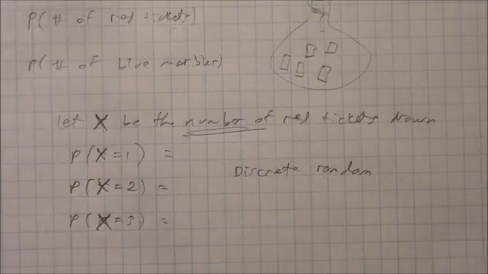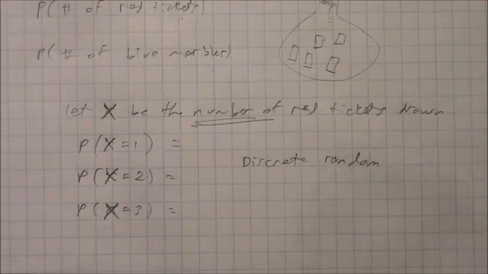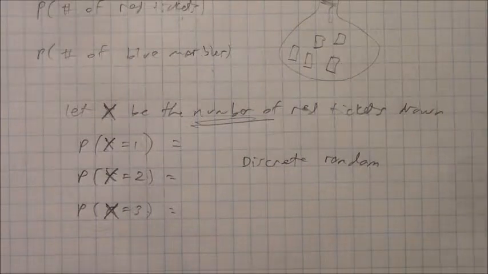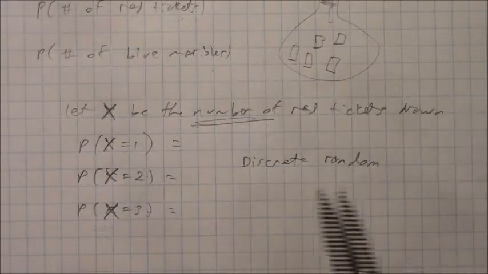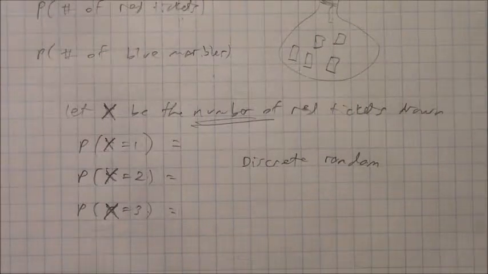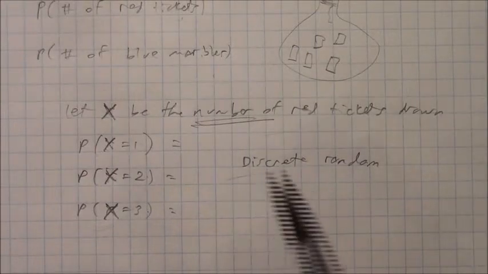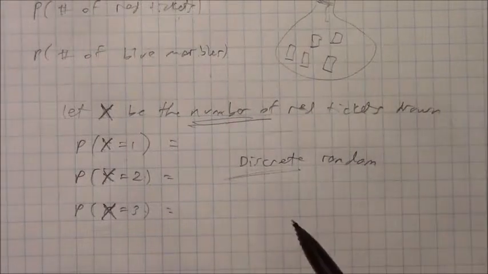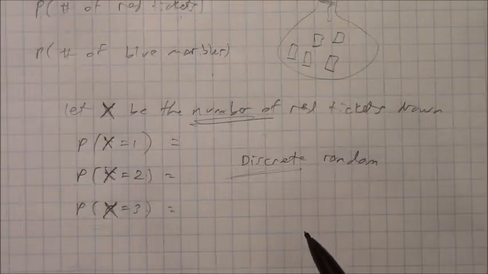The number of geckos sold at a gecko shop. The number of defective popsicle sticks in a box of popsicles. Those are all discrete, because it's the number of. You can't have fractions of these values.